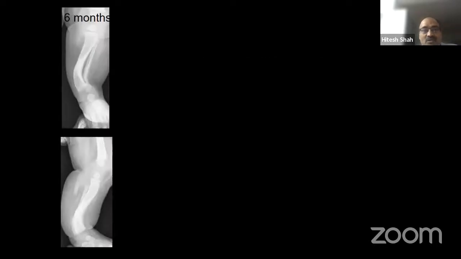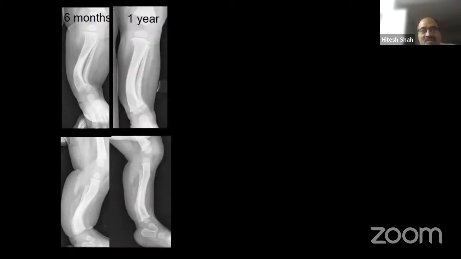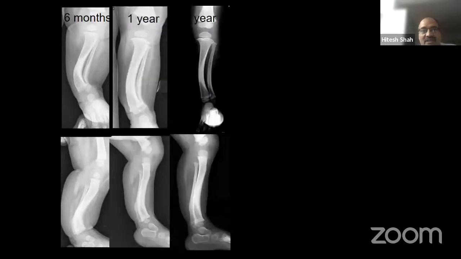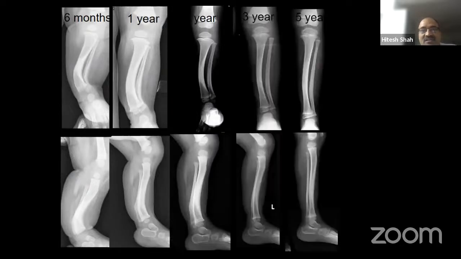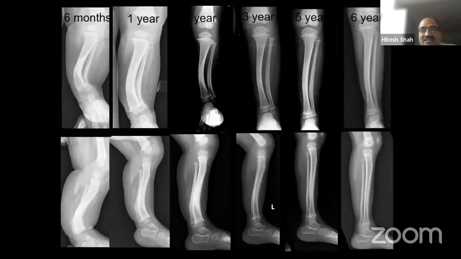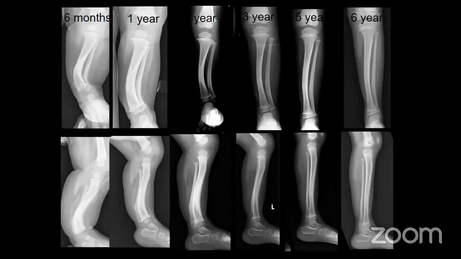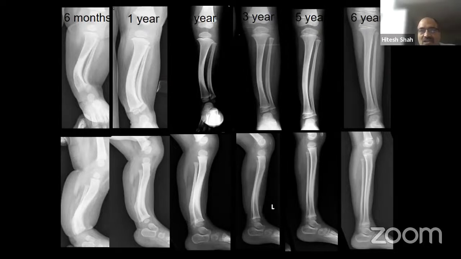For those who understand pictorially, we can see the deformity at 6 months, the same child after 1 year, 2 years, 3 years, 5 years, and 6 years. It's mostly corrected, not always completely resolved, but if you see the serial X-rays, it gets corrected, right?